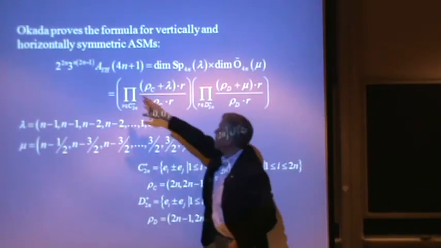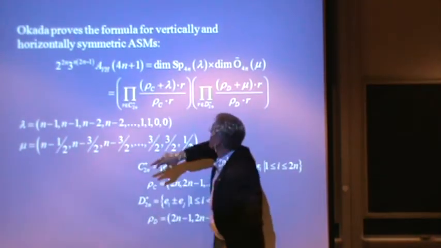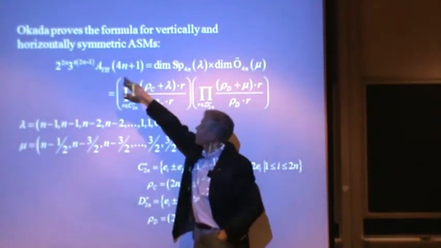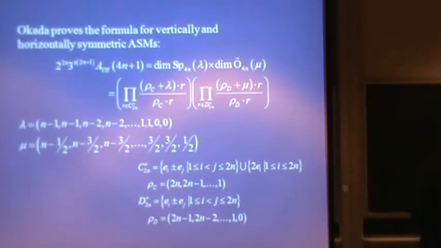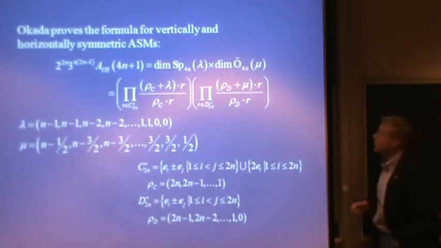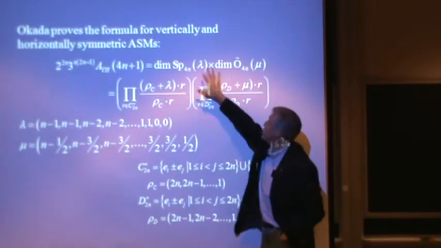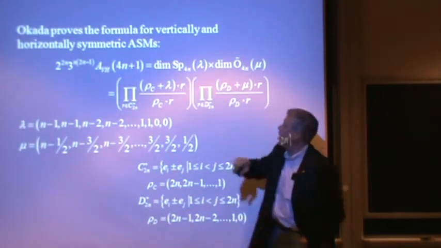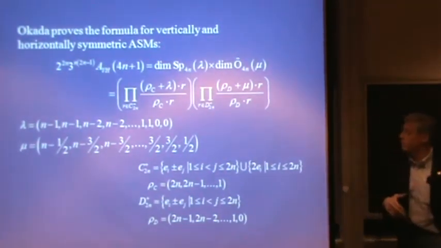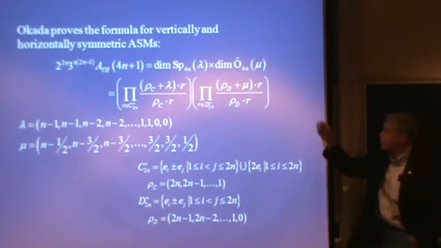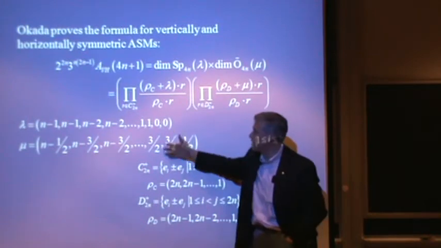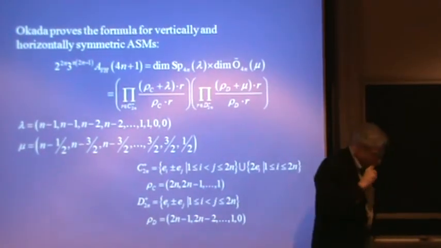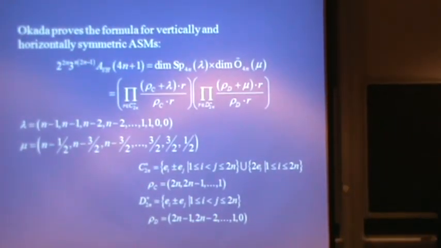So VH are vertically and horizontally symmetric, and in the case of vertically and horizontally symmetric 4n plus 1 by 4n plus 1 alternating sign matrices, he again expressed this in terms of a dimension. It's a cross product of the symplectic group and a special orthogonal group, with these particular sets of parameters.